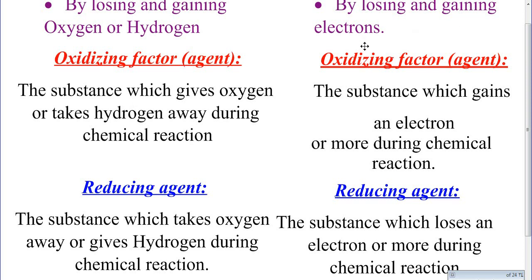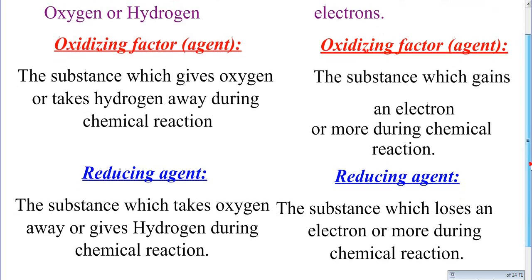Okay, by losing and gaining electrons, the oxidizing agent is the substance which gains an electron. So in the previous chemical reaction, chlorine is the oxidizing agent. Chlorine, which makes reduction, acts as the oxidizing agent. But what is meant by reducing agent?